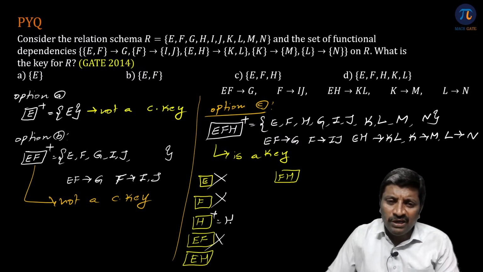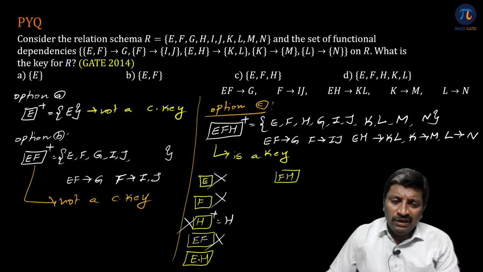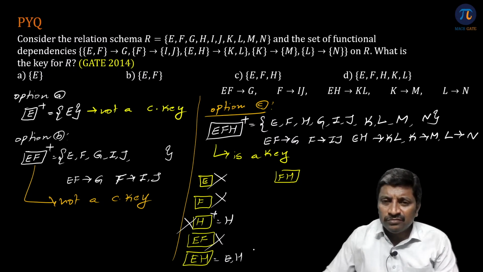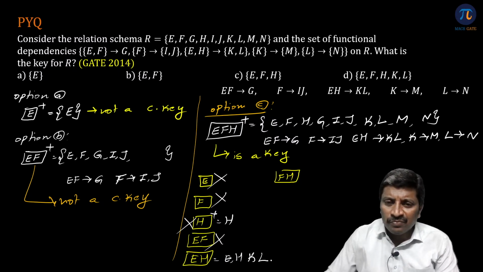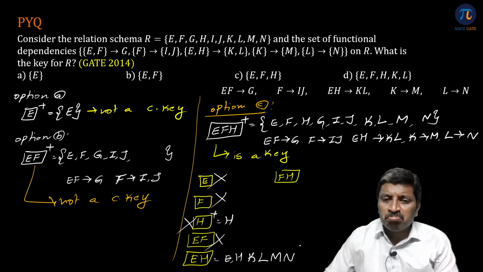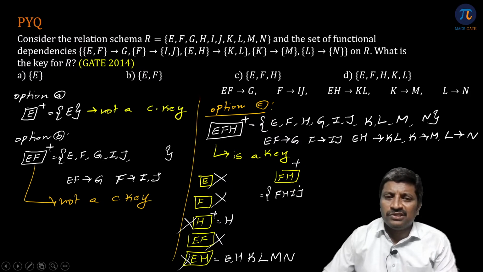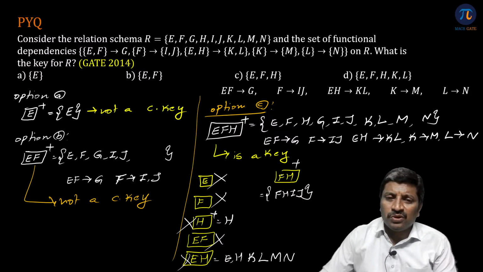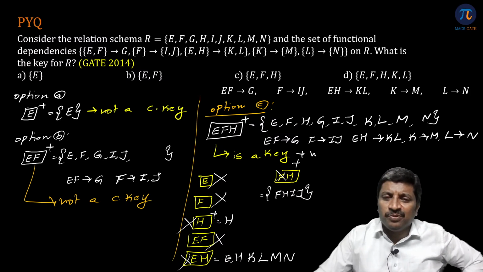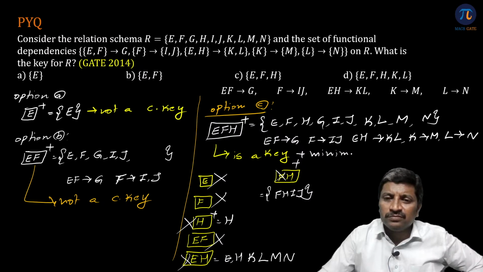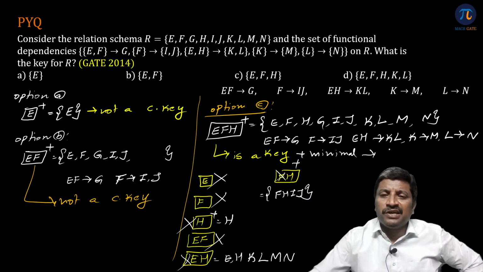No, sir, I can get only H. So this cannot be. EH, E comma H I can get. Anything? K, L, M, N. Then what about G? Not getting. What about FH? F, H, I, J. That's it. So not. So it is key plus minimal. Hence it is a candidate key.